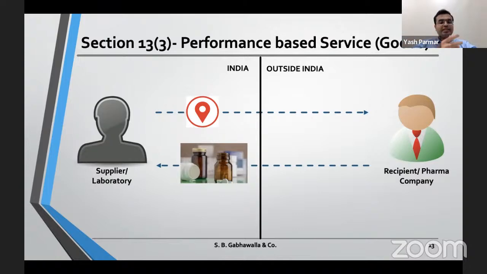In this example, the medicines are brought into India and testing is done on them, and therefore the place of supply is the location where the services are actually performed.